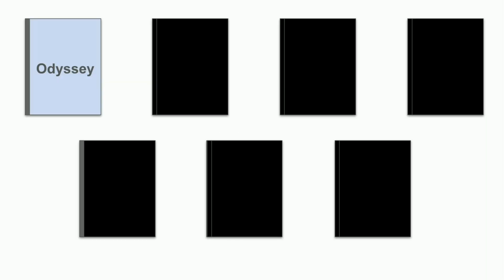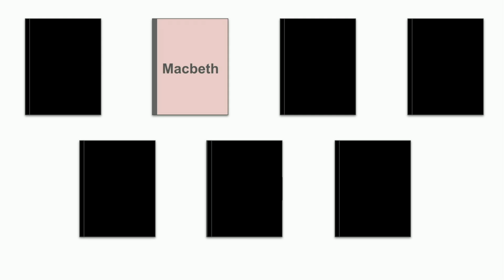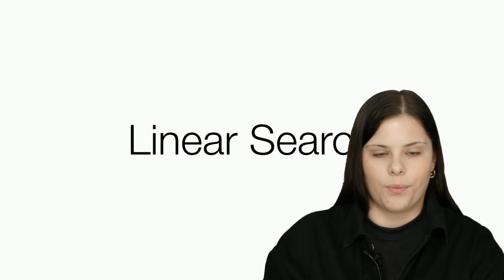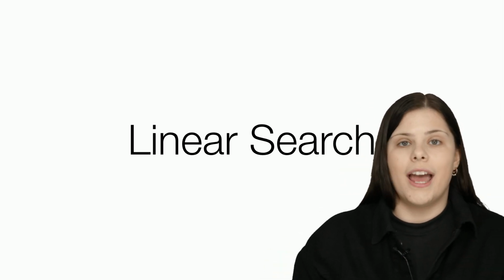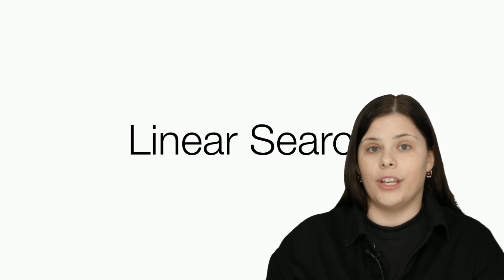I'm going to look at Odyssey first, and it's not Journey, so I'm going to move over to the next one, which is Inferno. It's not Journey. I'll keep going. I see Macbeth. It's not Journey. And then finally, my 4th book is the one I was looking for. So this algorithm is linear search, where we just look at one element at a time until we find the one we're looking for.